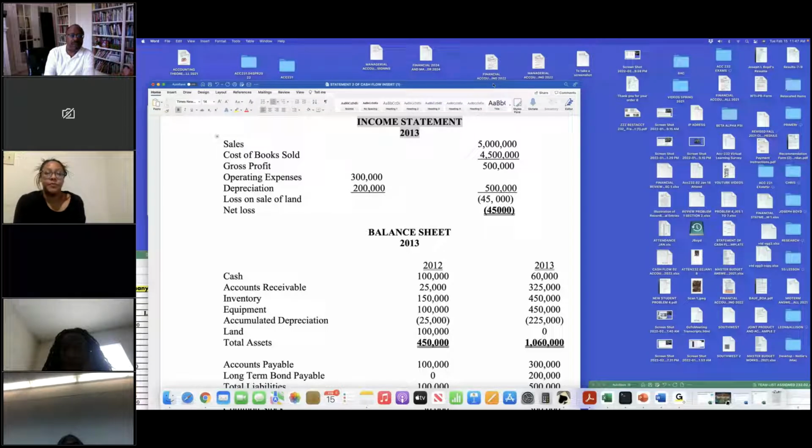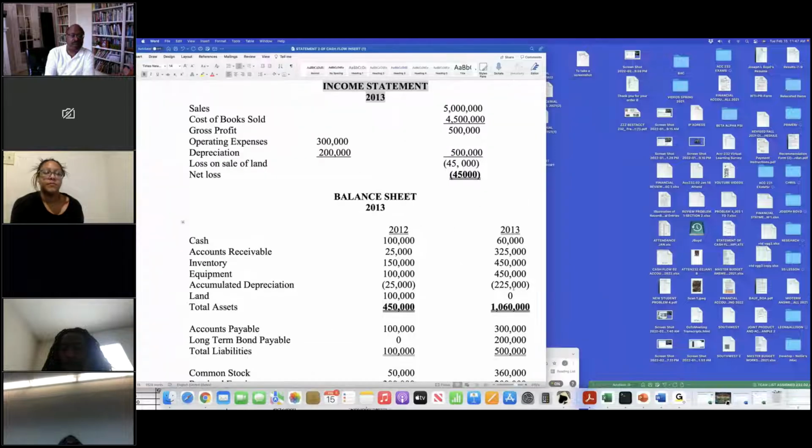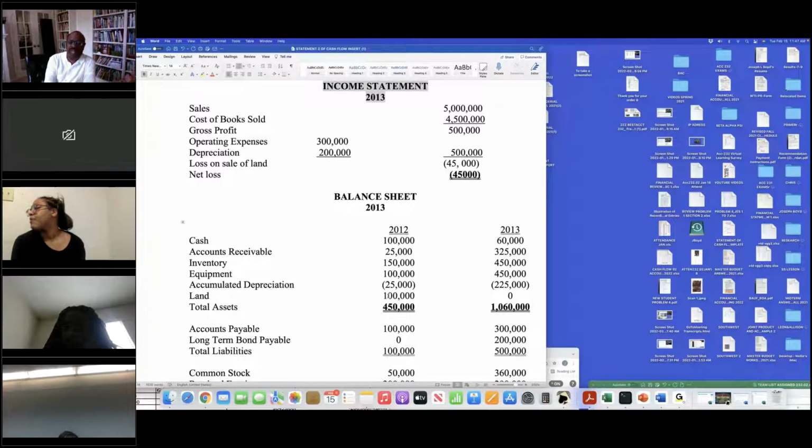We sold it. We had a loss on the sale of the land of 45,000. So if you bought something for 100 and you had a loss of 45 on it, then you only got $55. If you bought something for $100 and sold it for a loss of $45, how much cash are you going to get?